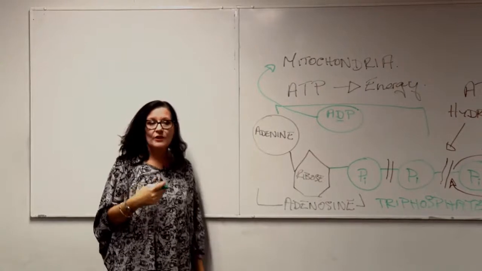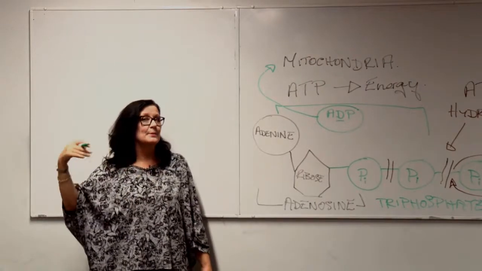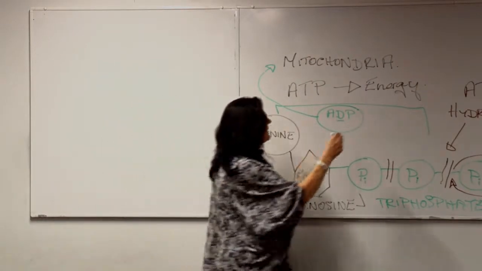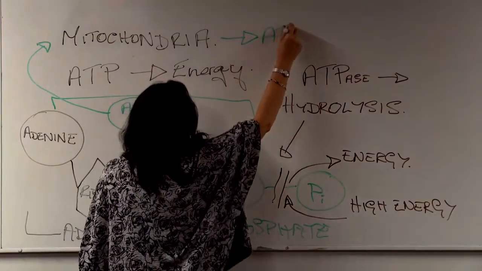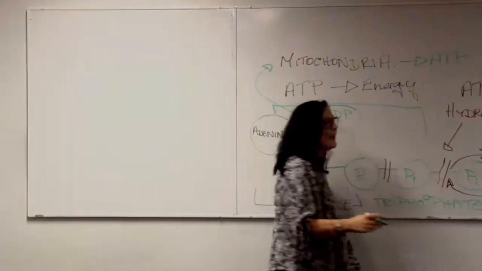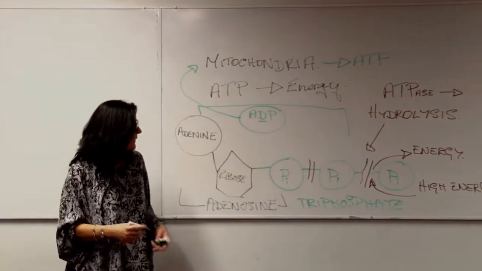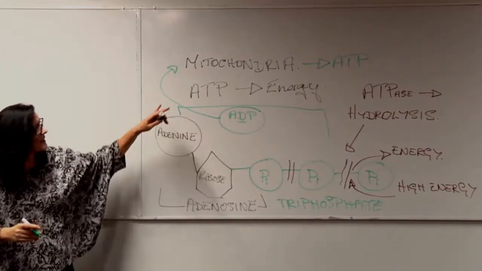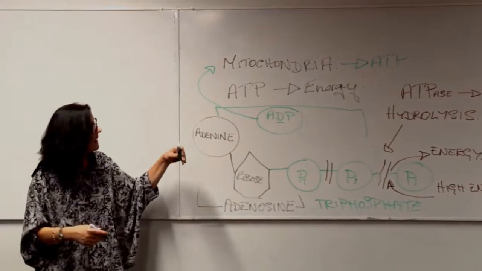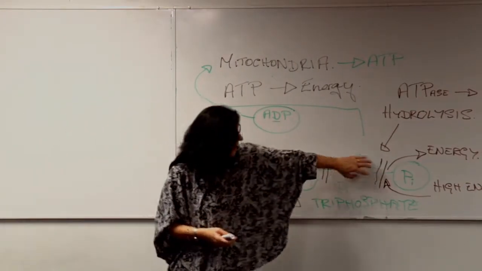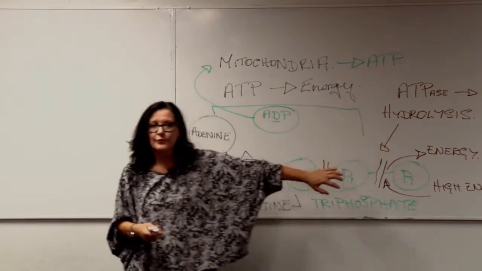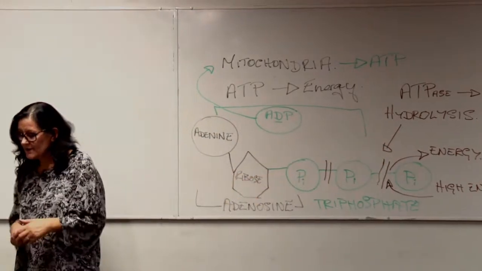From the mitochondria, after cellular respiration, it comes out again as ATP. And it can be used again. So the mitochondria synthesize ATP that the cell then uses for energy by breaking the high energy bonds by hydrolysis.